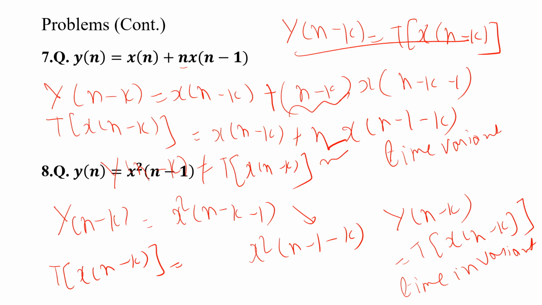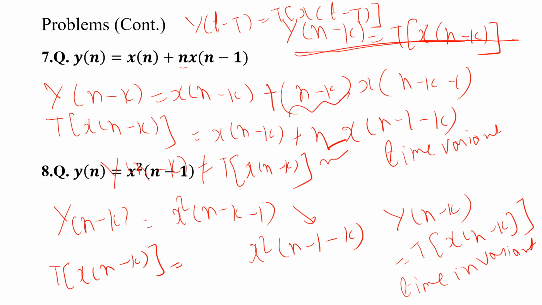So I think time invariant and time variant are clear. The simple concept is y of n minus k is equal to the transformation of x of n minus k, or you can say y of t minus capital T is equal to the transformation of x of t minus capital T. Then it is called a time invariant system. If it does not obey, then it is a time variant system.